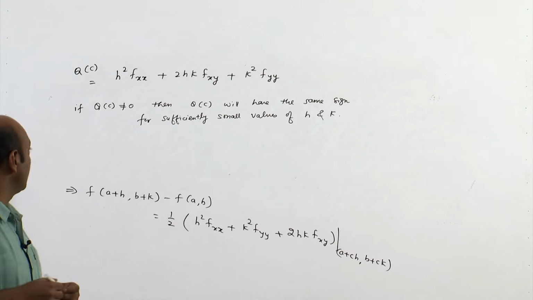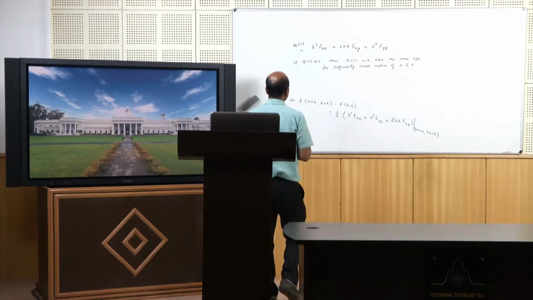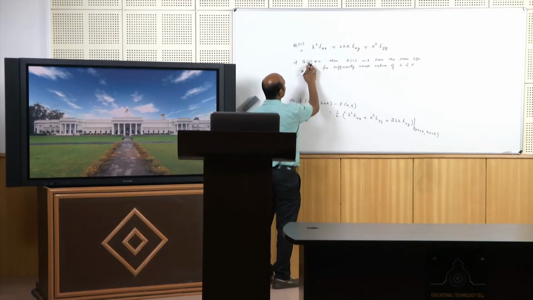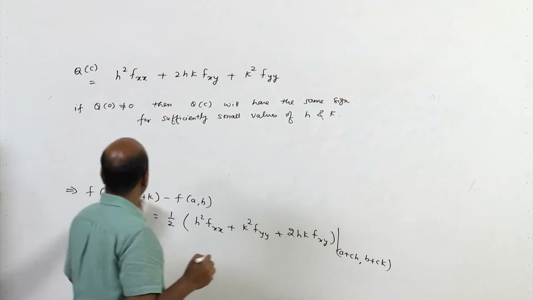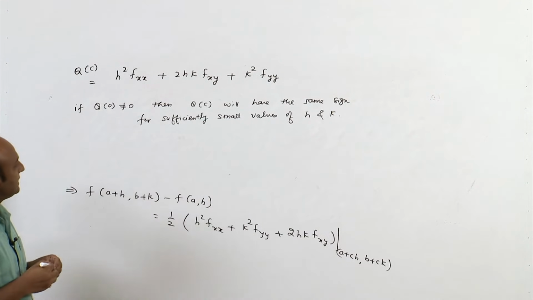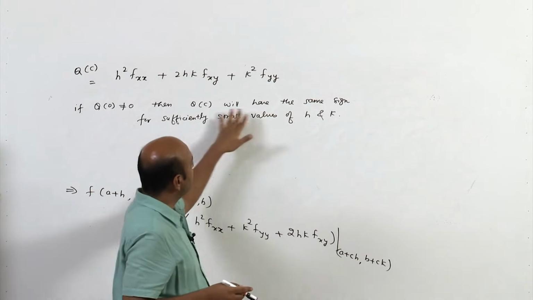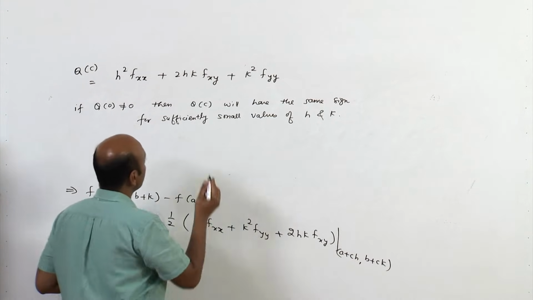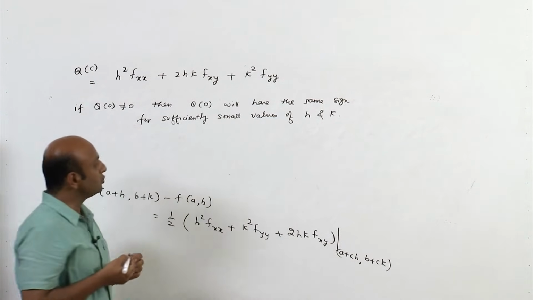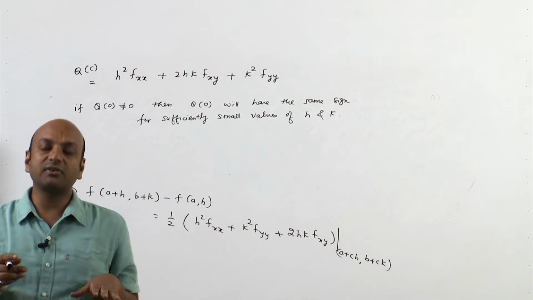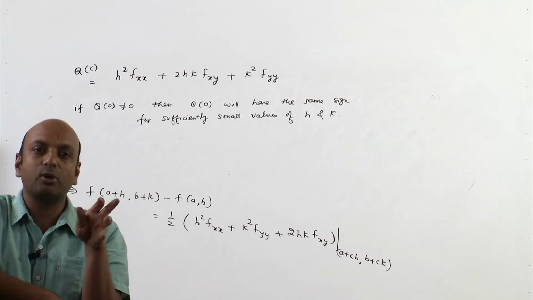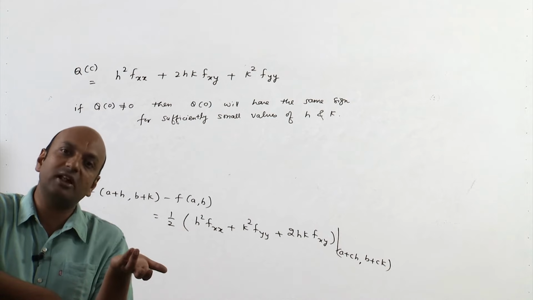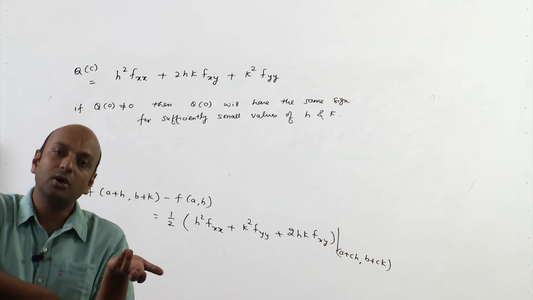Take C as 0. If Q0 is not equal to 0, then Q0 will have the same sign for sufficiently small values of h and k. You can always take small values of h and k for which QC will have the same sign, no matter what C you are taking.